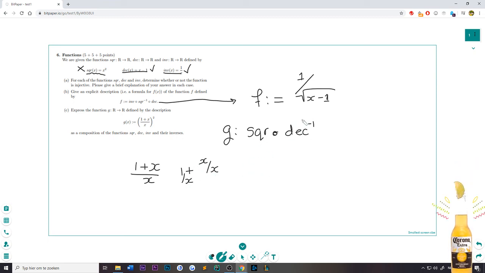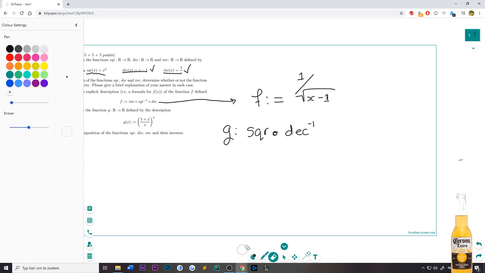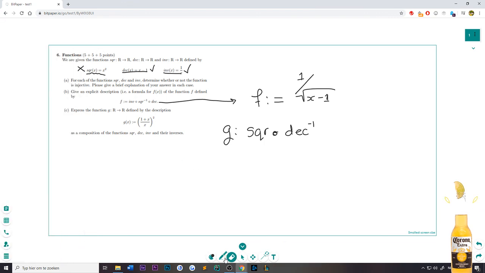And so that's why you do this first. And then finally you do the inverse, right? Yeah, and so that's this function here. And that's question 6, yes.